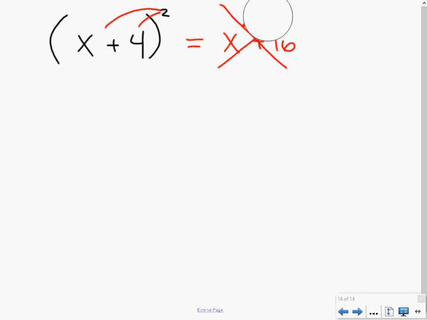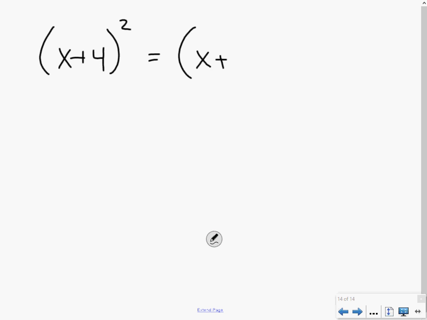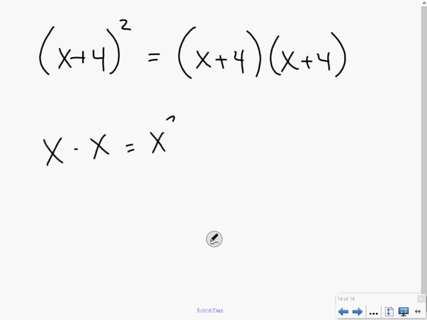So here's what we need to do instead. I'm going to write this. If I have x plus 4 squared, that means I really have x plus 4 times itself. Okay, anytime we have two things, such as x times x, anything times itself, it becomes that thing squared.